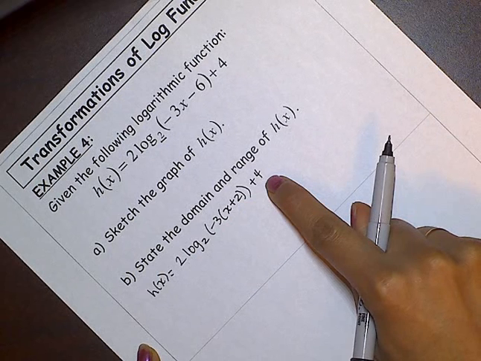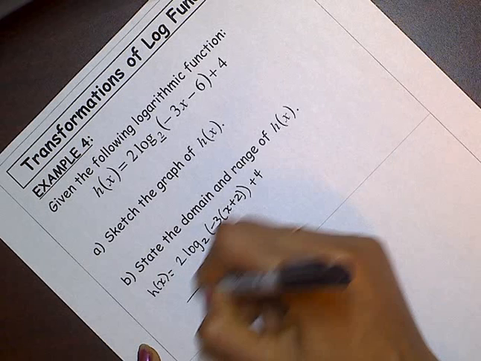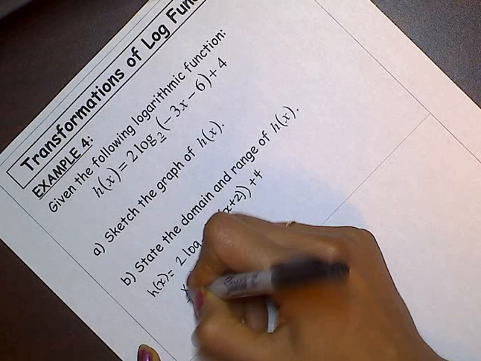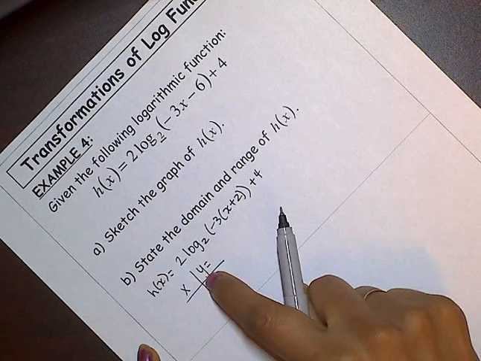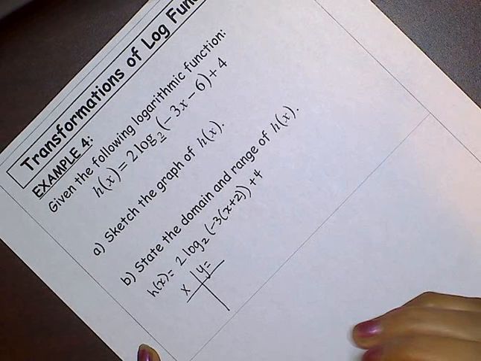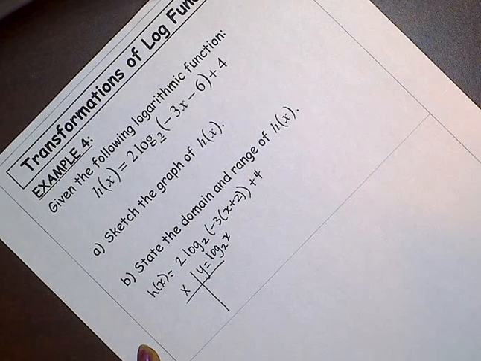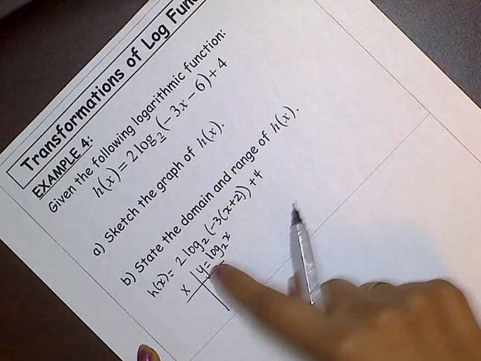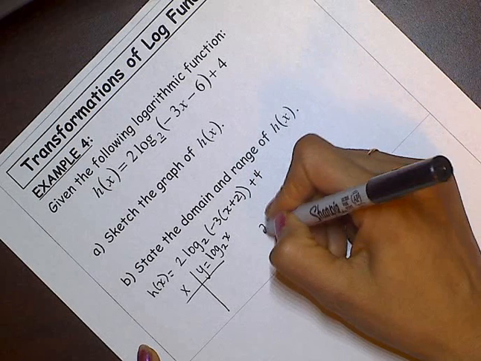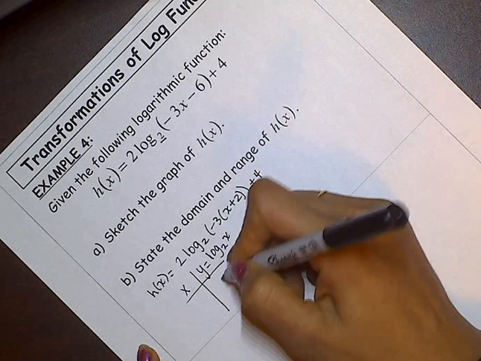Alright, now that we have described this, I am just going to start off by drawing my table values with my key points. Now, keeping in mind my function y, that is going to be my base function, is log base 2 of x. And then writing that down in an exponential function, that's 2 to the power of y equals x. And my key points for y is always going to be 0 and 1.